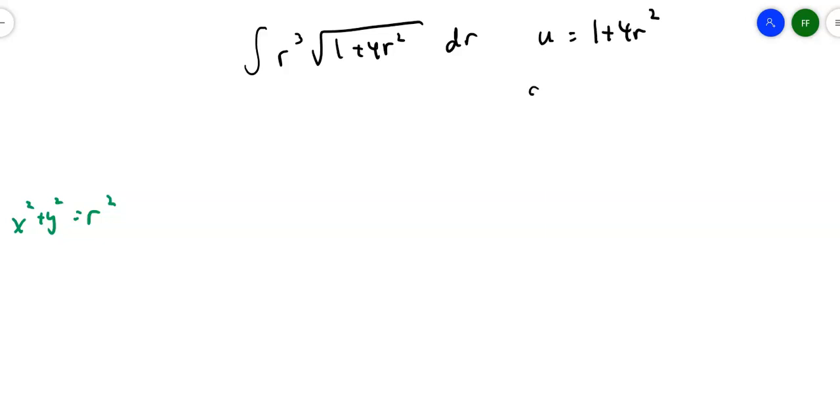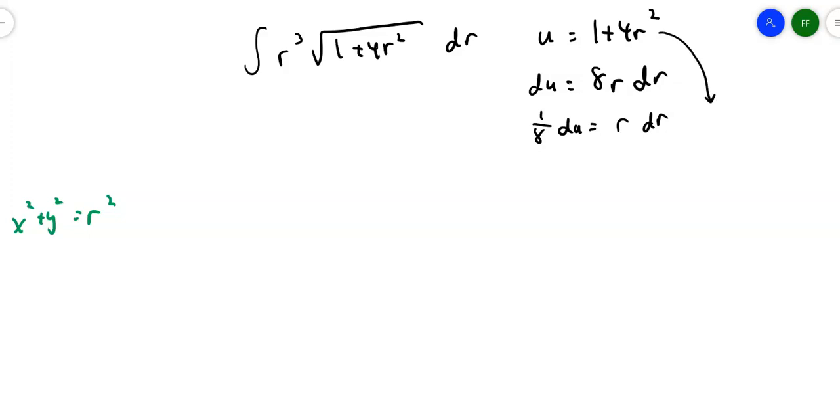When I differentiate that, my du will be 8r dr. And so 1/8 of du equals r dr.